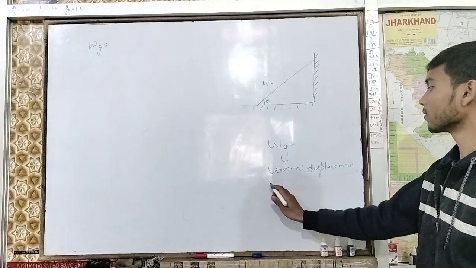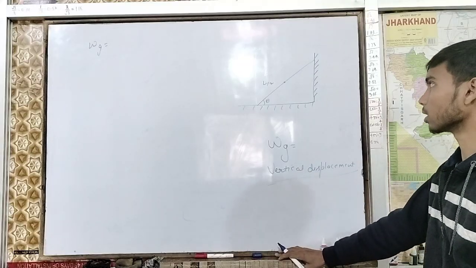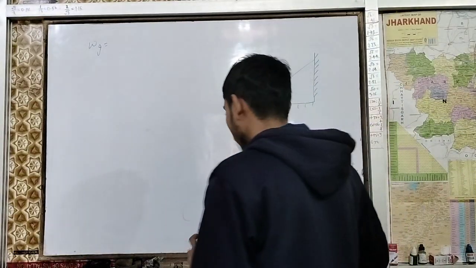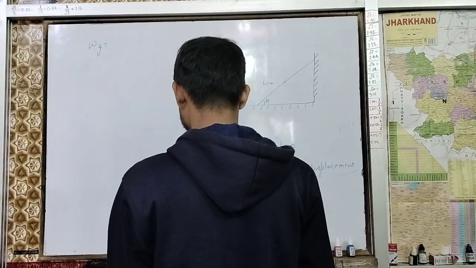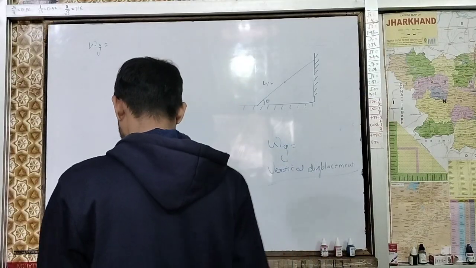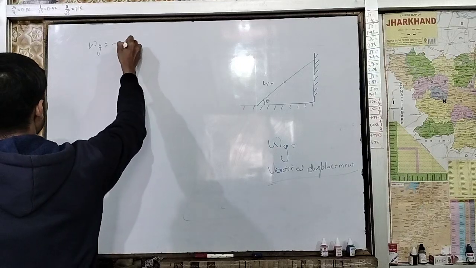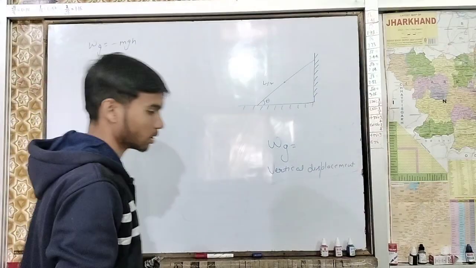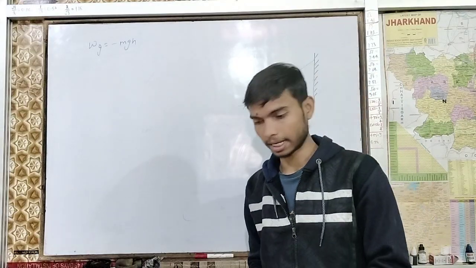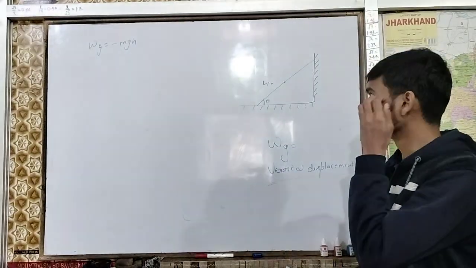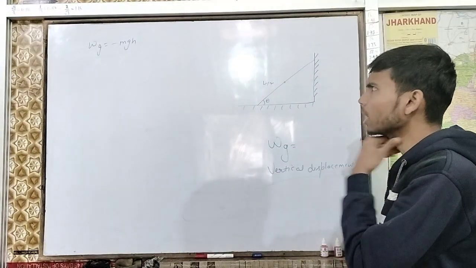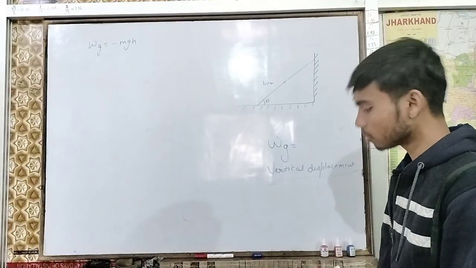So always take the vertical displacement. Over here it will be mgh, where h is the displacement and mg is the force. Clear? Minus is for direction.